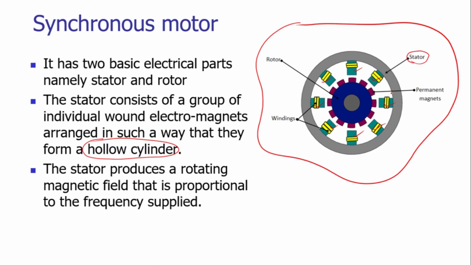As these electromagnets get energized, a rotating magnetic field will be generated, and the magnitude and the direction of the rotating magnetic field are dependent upon the alternating current and the frequency of the AC power supply.